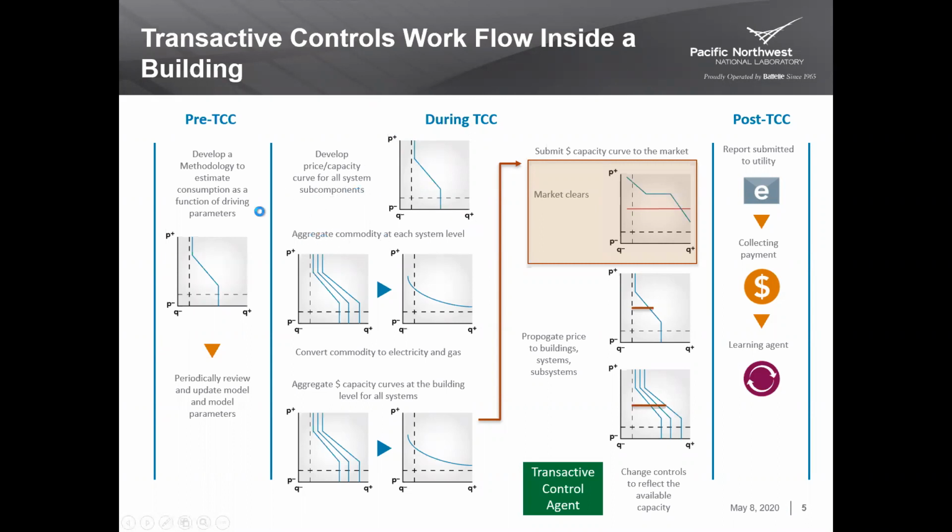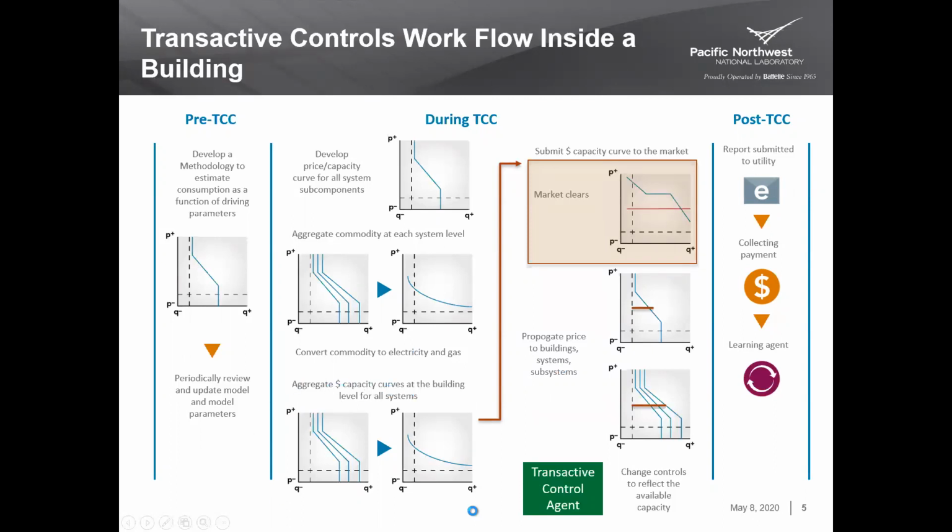So as the TCC moves through a market cycle, and it utilizes at the building level the Voltron market, which could be a whole other topic of discussion, each one of these zone level agents bids in a price capacity curve, basically describing their cooling flexibility versus price. That curve is then aggregated at the AHU level to an overall need for cooling for the AHU.